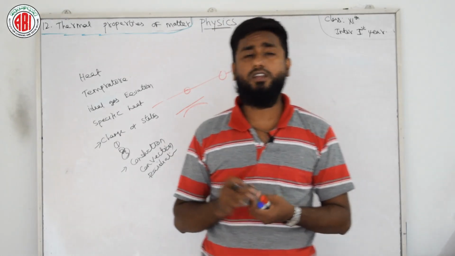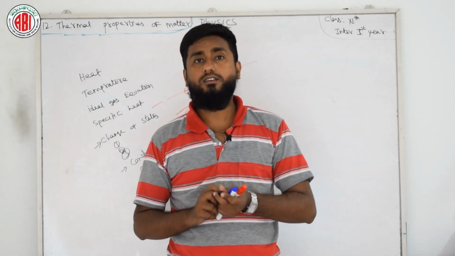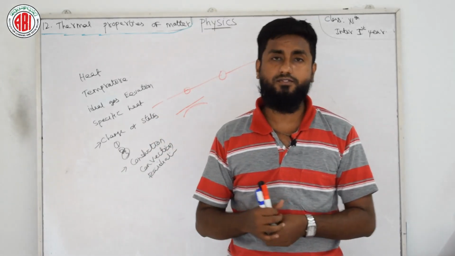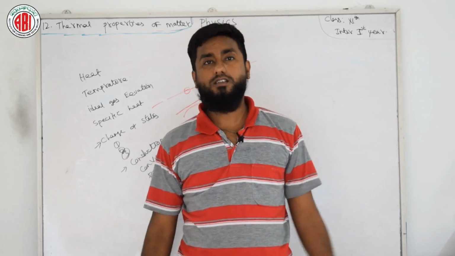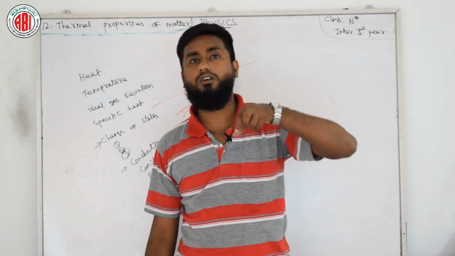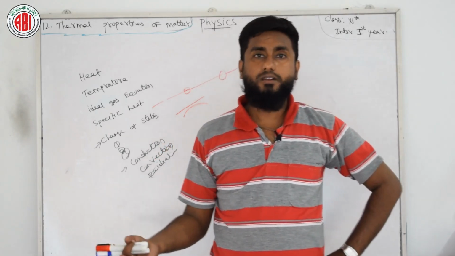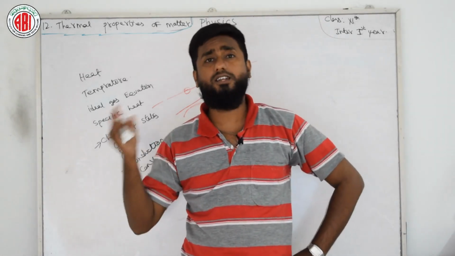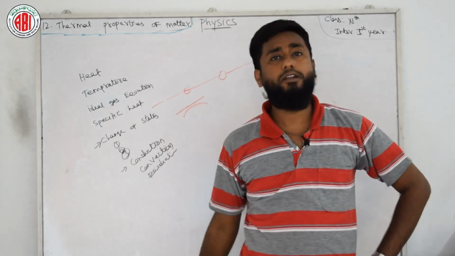After that, we learned that the anomalous behavior of water helps aquatic life or aquatic animals. We also did one important question related to the pendulum clock, that in summer the pendulum clock behaves differently than in winter.